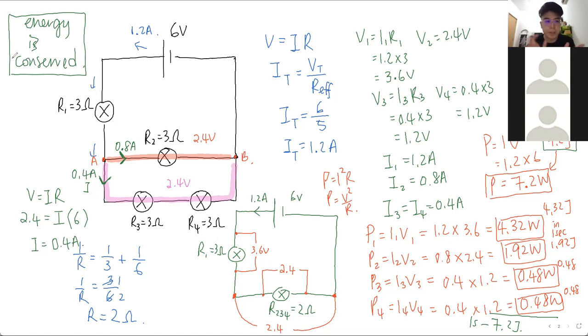It cannot be different. It cannot disappear suddenly. It cannot be extra. It has to be the same. How much you put in, how much you get out of it. Okay, so this shows the conservation of energy, and also the power is conserved. Power in the circuit is conserved. That's why you get the same here.